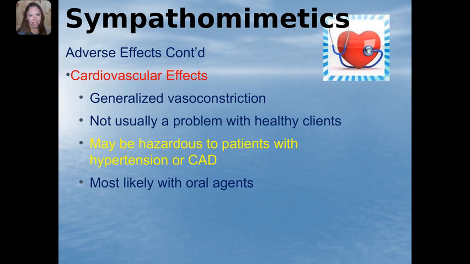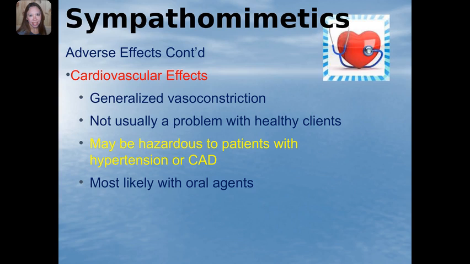Typically, this isn't a complication that we will see with our patients who have a healthy body, where they have a healthy heart. We don't typically see a problem with giving the sympathomimetics.